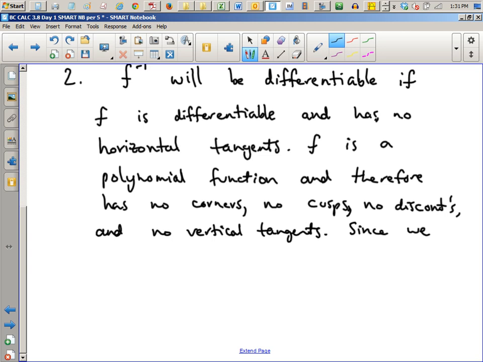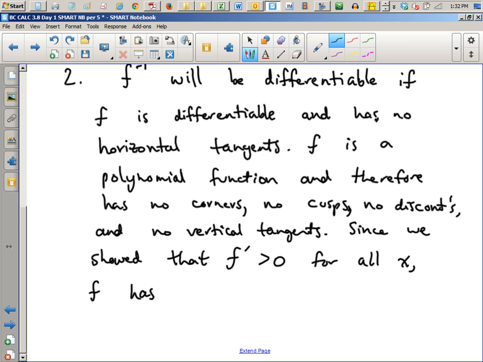Since we showed that f prime, the derivative, is positive for all x, f has no horizontal tangents either.